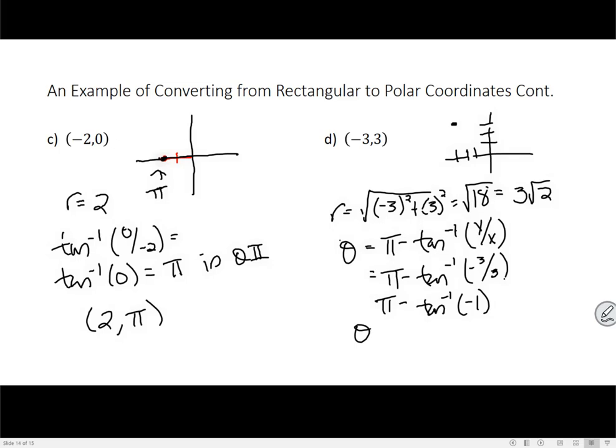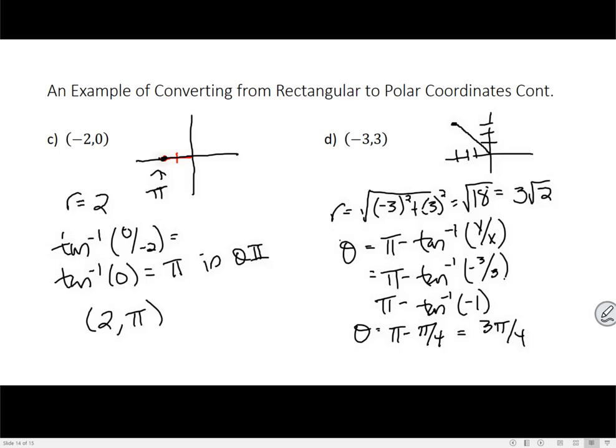So theta equals pi minus pi over 4, and that is going to give us 3 pi over 4, which lands right in the middle of quadrant 2, which we should expect based on our graph here.